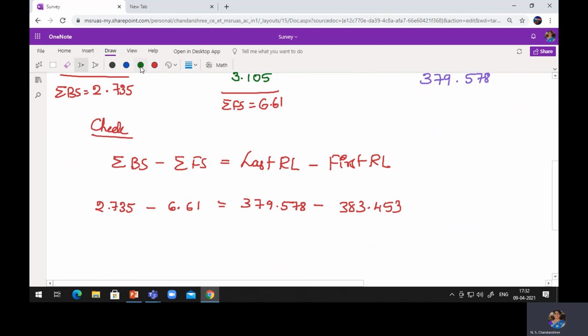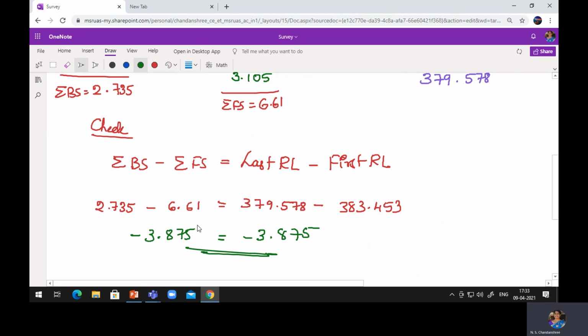When we subtract 2.735 minus 6.61, we get the answer as minus 3.875, which equals 379.578 minus 383.453. So that is minus 3.875.